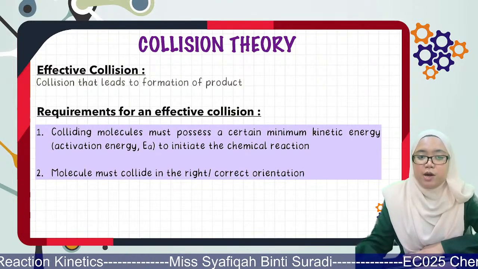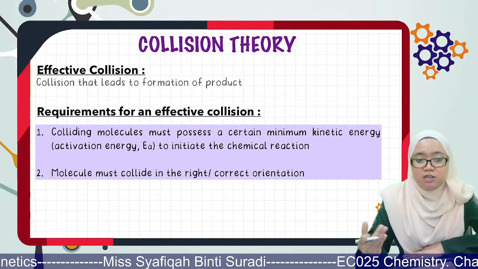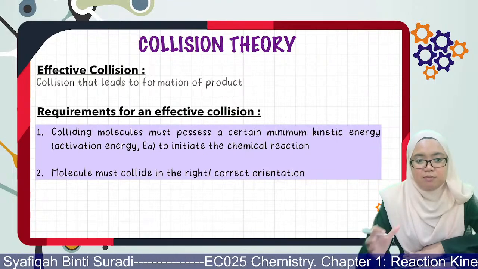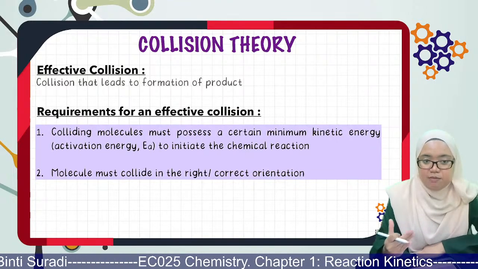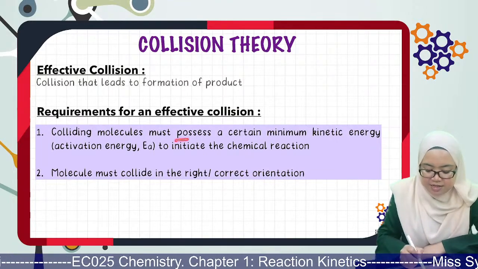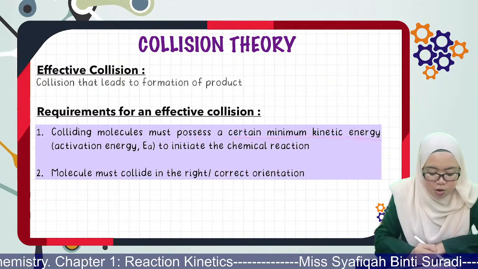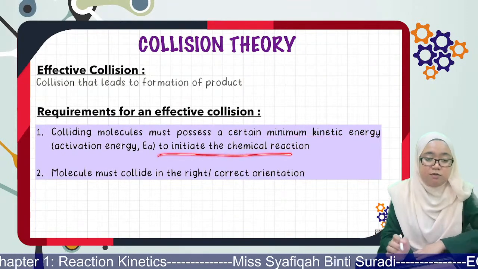So what are the requirements for a collision to be an effective collision? So ada dua lah. Okay, yang pertama, bila dia collide tu, that colliding molecule must possess a certain minimum kinetic energy to initiate the chemical reaction.